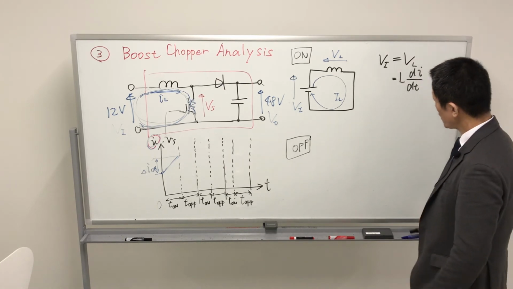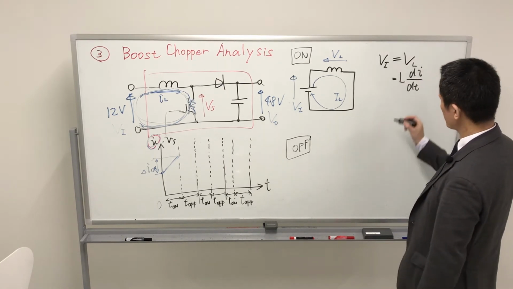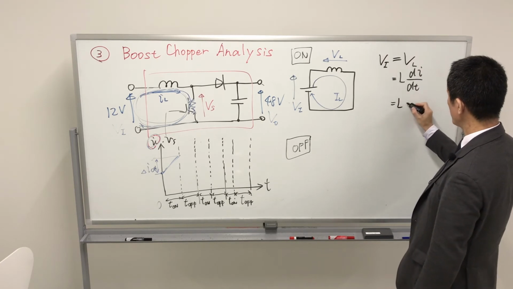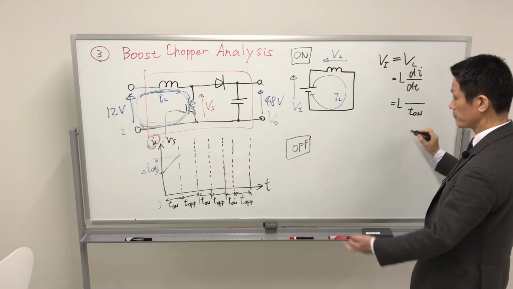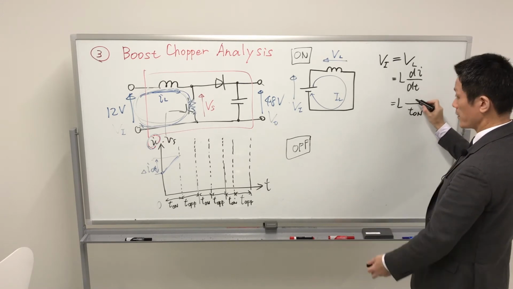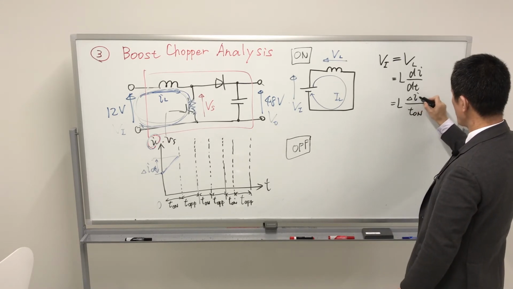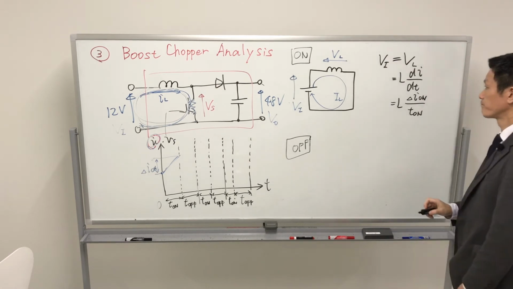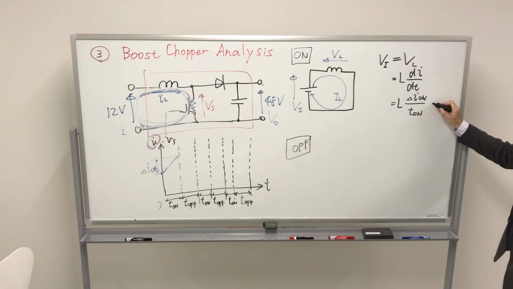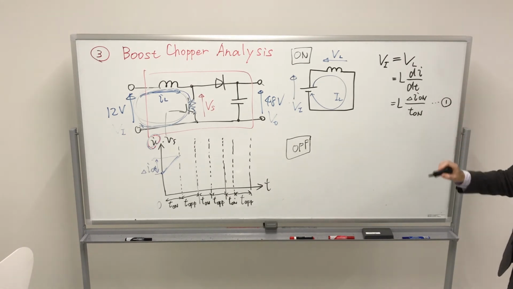So we can indicate VL = L dI/dt, where dt means T on and dI means delta I on. We can obtain this equation.